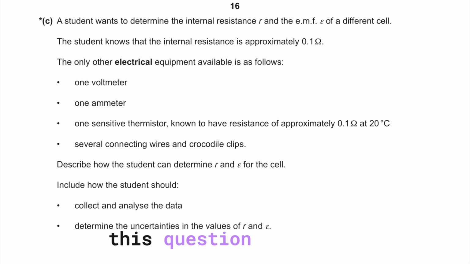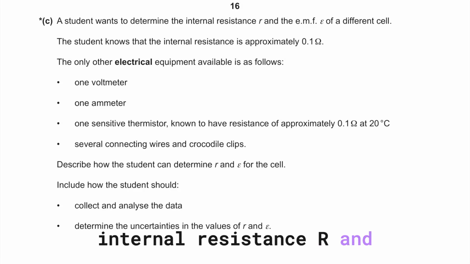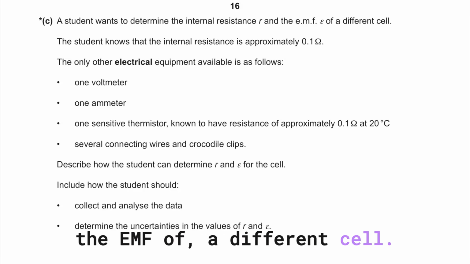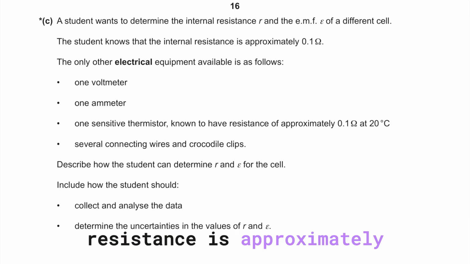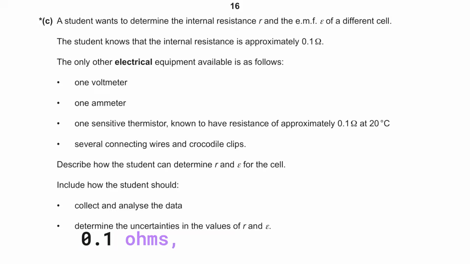In this question, a student wants to determine the internal resistance R and the EMF of a different cell. The student knows the internal resistance is approximately 0.1 ohms.